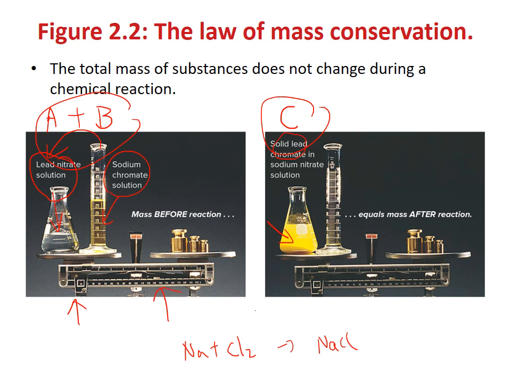From this observation, scientists draw the conclusion that the total mass of substances does not change during a chemical reaction. Even though the reaction converts A and B into C, a different compound, the weight doesn't change. And this is called the law of mass conservation.